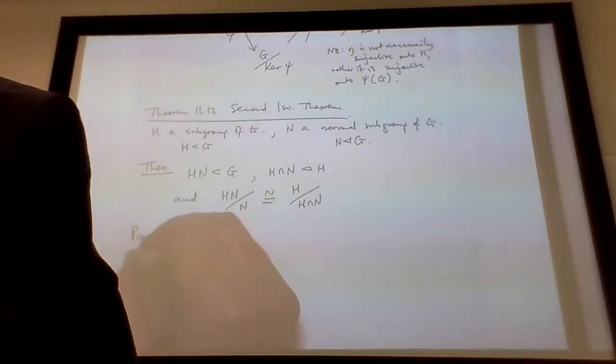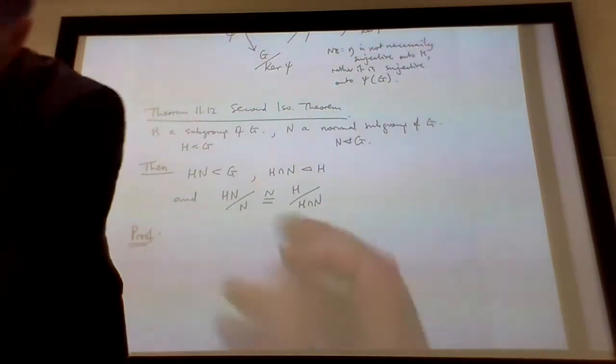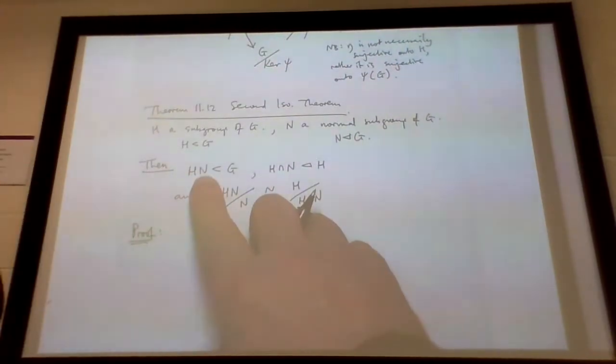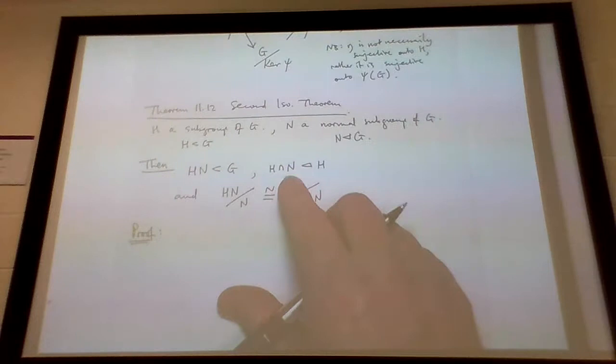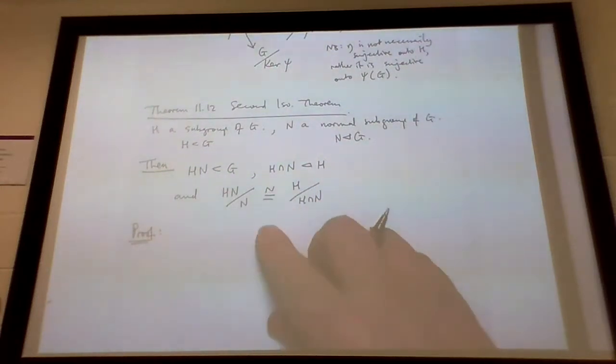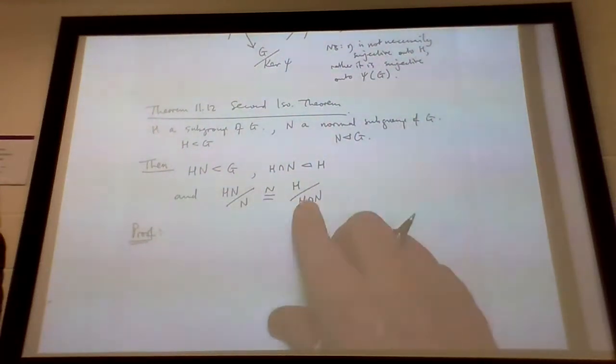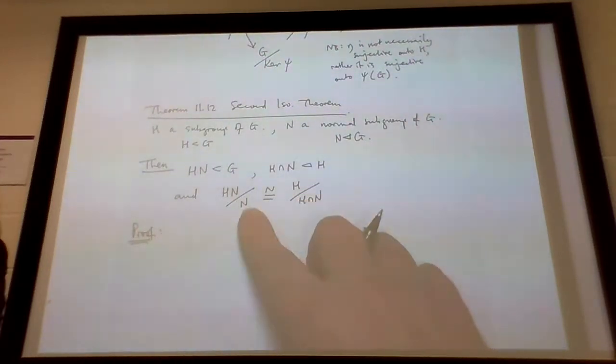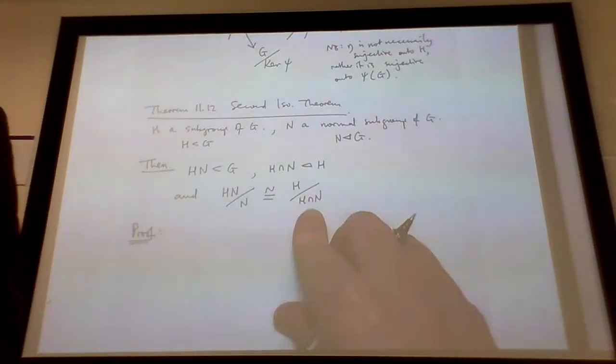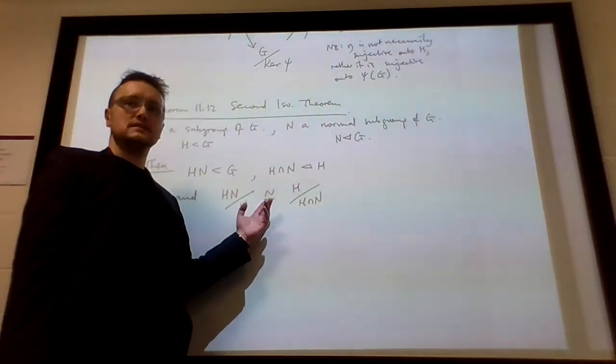So there's a number of things to prove here. We have to prove this is a subgroup, this is normal, and then find what's the correct map here. Show the map is a homomorphism, and show it's one-to-one and onto. And therefore, it's an isomorphism.